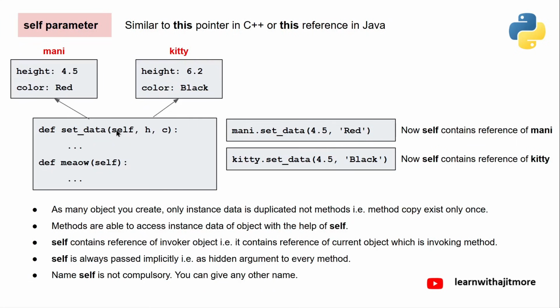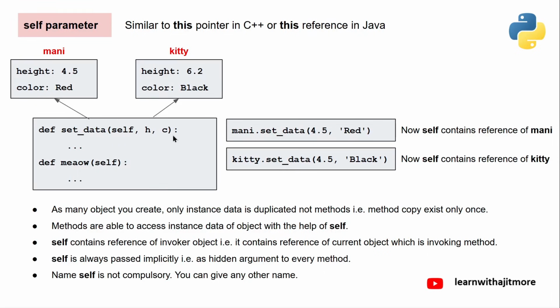Strict languages like C++ or Java also pass it hidden, but the control is not given to us. They say we will pass it hidden, and they have not given us a choice of what name to use. They say the name is this only. In those languages you don't write it.